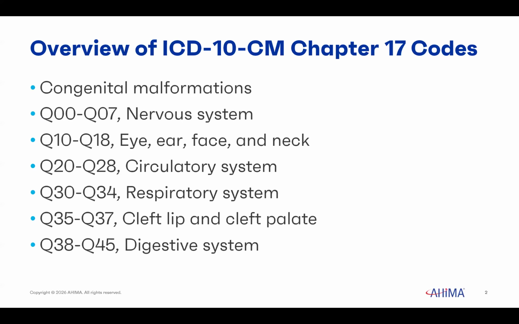So you can see here how the chapter is organized. It's useful to keep this in mind as you're looking for these codes. Q00 through Q07, of course, codes for congenital malformations involving the nervous system. Q10 through Q18, eye, ear, face, and neck. Q20 through Q28, circulatory system, and so on.